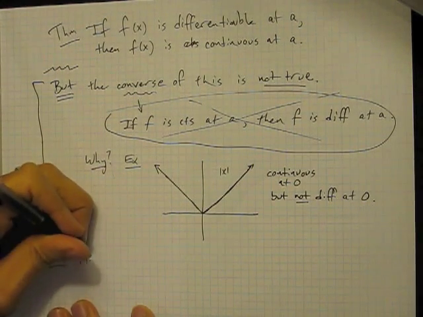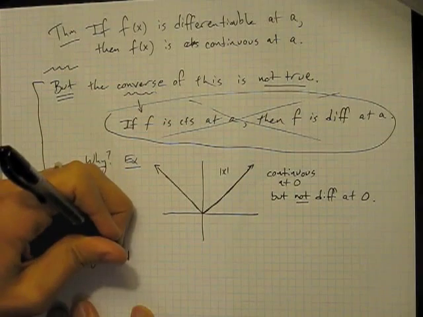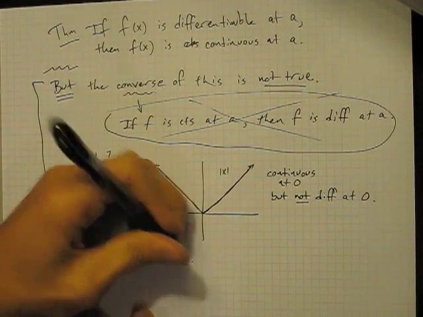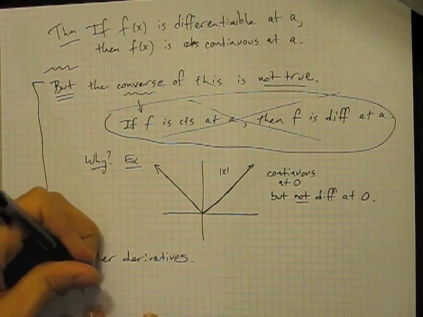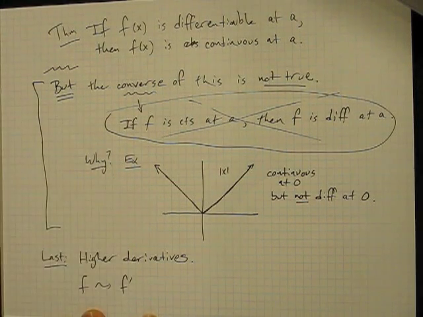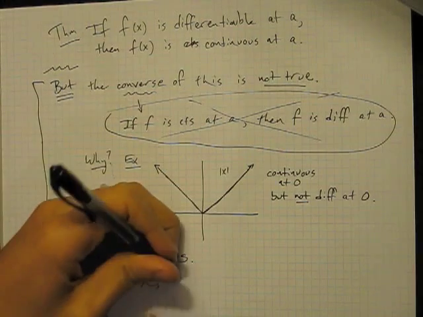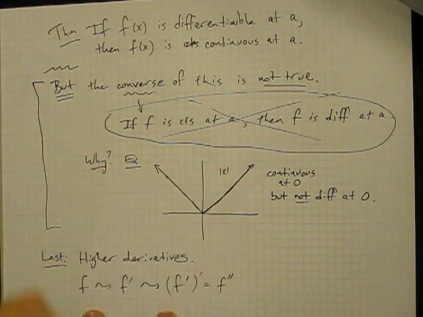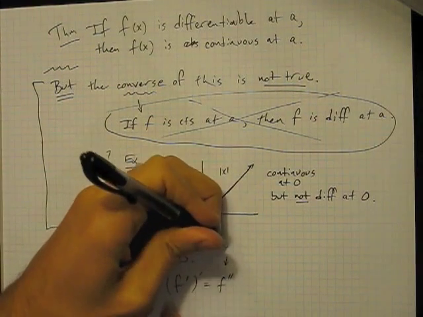Higher derivatives. This is just a quick note. We don't necessarily have to stop at taking one derivative. We could take the derivative of f and get f prime. We could take the derivative of f prime and get what we call the second derivative.